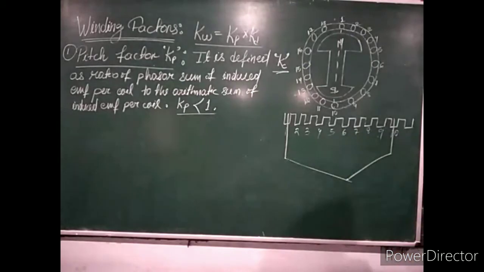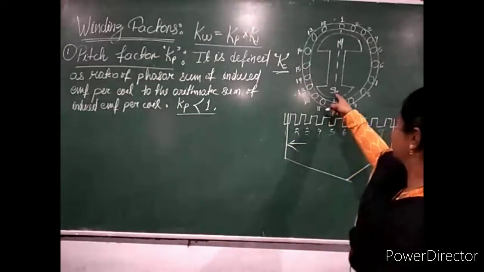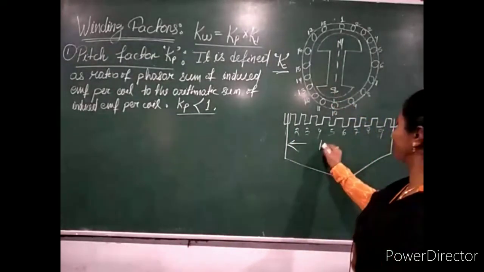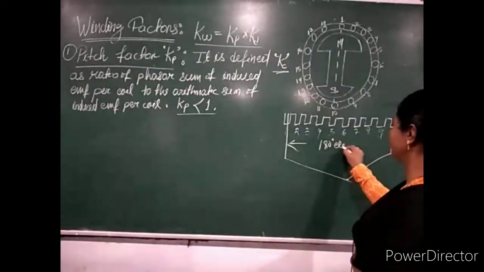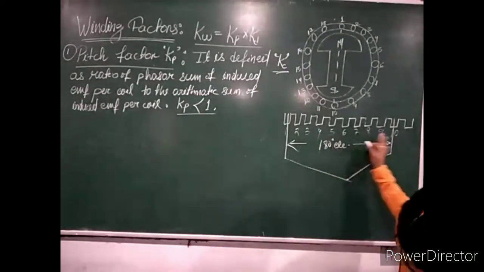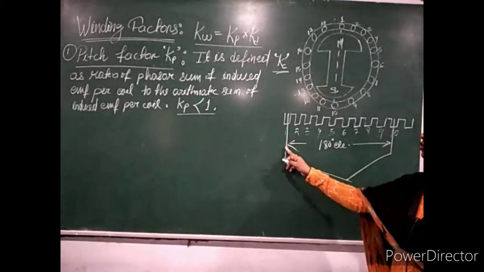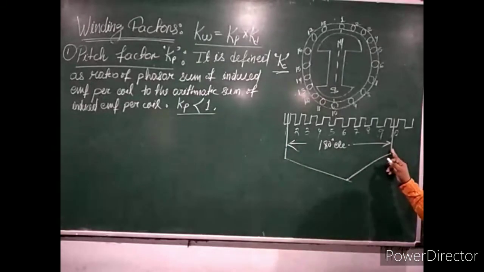It may be a single-turn or a multi-turn coil. So here it is clearly visible, the coil span is 180 degree electrical and it is called a full pitch coil. In a full pitch coil, you know that the total EMF induced in the coil is the arithmetic sum of the EMF induced in coil side 1 and coil side 2.